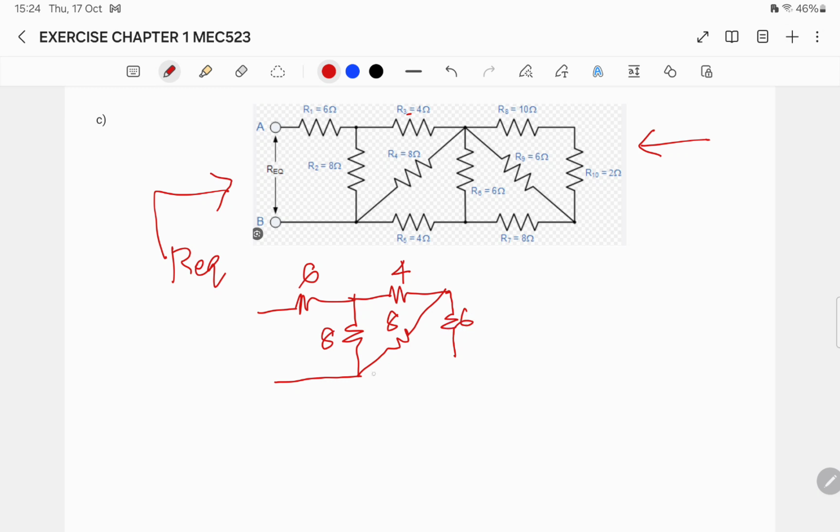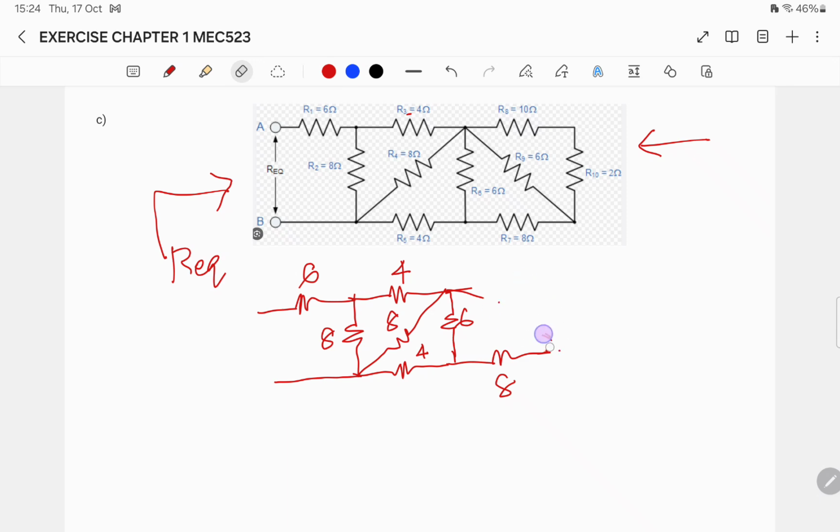This is 6. This is 4. Okay. Ni kita ada 6, 8. Dah, saya nak buat macam tu je. Boleh. Tak nak lukis macam tu? Boleh. Tak nak lukis macam tu pula.